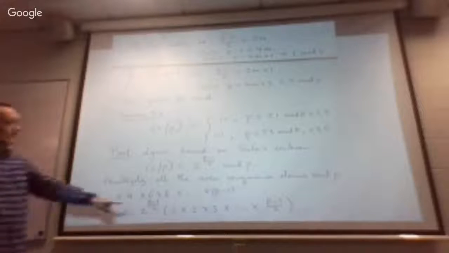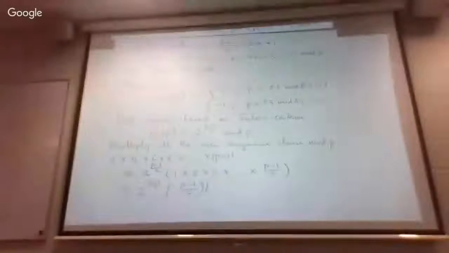And this big bracket here also has a nice compact notation. It's the factorial of (p-1)/2.